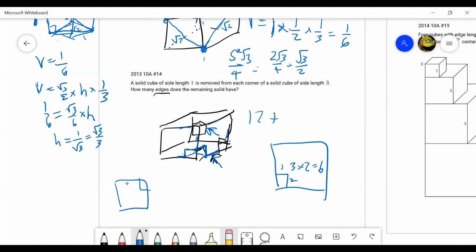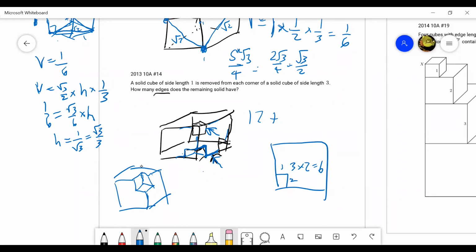If we take away this cube from this corner, then there's still going to be these 3 edges on the inside of this cube.